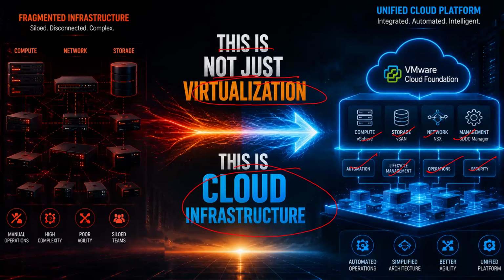Because virtualization solves your server consolidation, but cloud infrastructure solves operational scalability. And this is exactly why enterprises are moving towards a unified cloud platform, not because they need more products, not because they need a bundle of products.